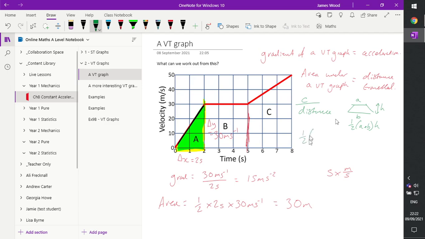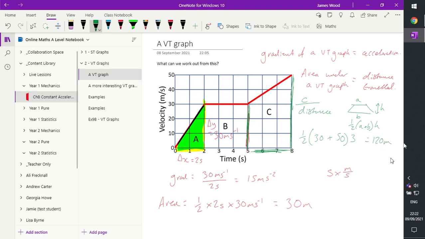So it's going to be half, well, one length is this length here, which is 30, plus the other length, which is here, which is 50, times the height, which is actually across the bottom here, which is 3. So then I can calculate my distance travelled in section C. So 30 plus 50 is 80, times 3, 240, divided by 2 is 120 meters.